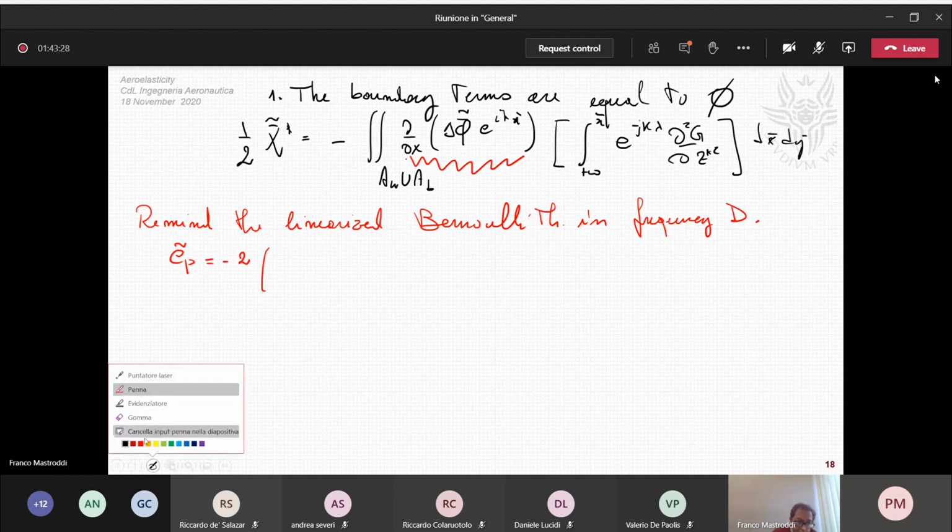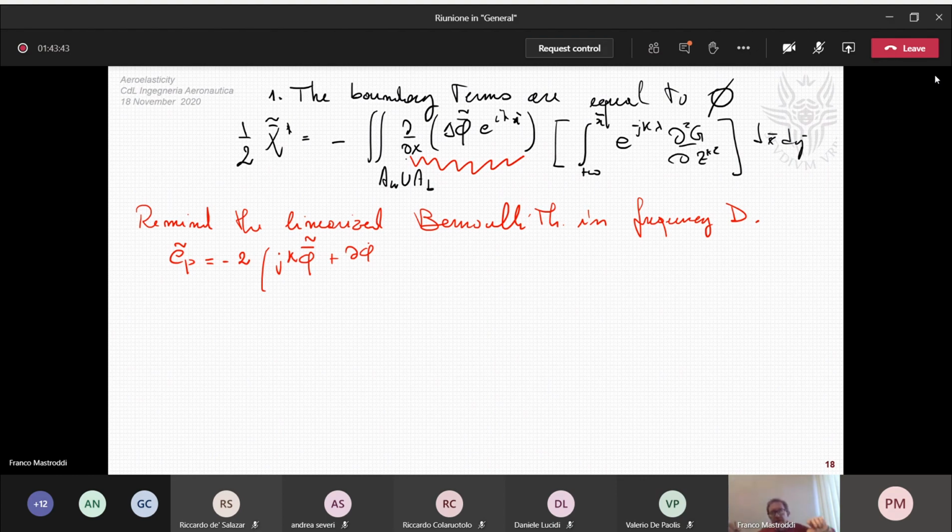So we have this plus this part here, which is the part related to the famous matrix D we introduced in the discretization, but we have a convective part of this derivative because we are using the computational frame of reference, which is a body frame of reference. But this is the Bernoulli theorem, okay?